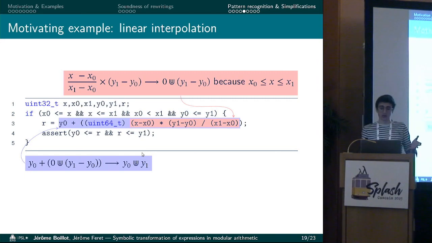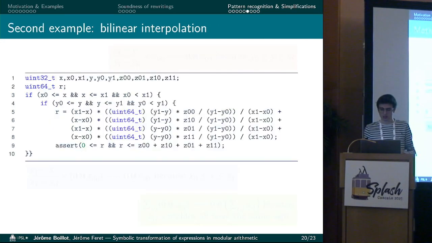So that's nice, and we can even handle more complicated patterns, like bilinear interpolation, where we are interpolating a function f that takes two variables as arguments, first one x and second one y, and in xi, yj, it takes the value zij.